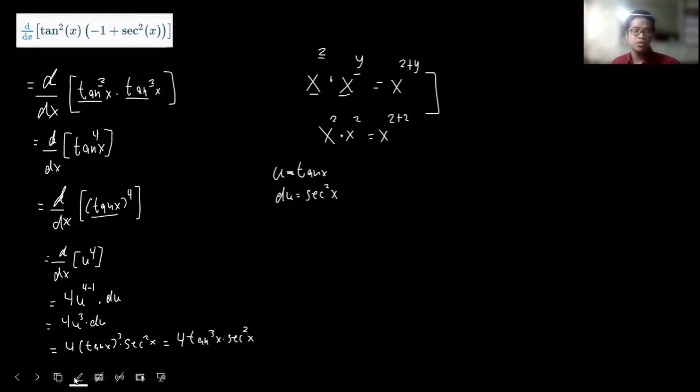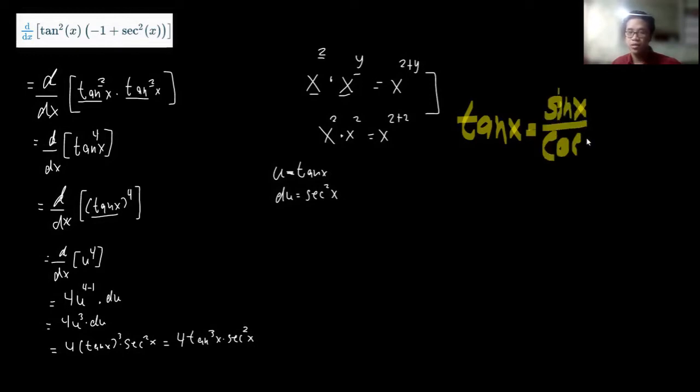So let's have a recall. We have tangent x as an example, and if you recall trigonometric identities, tangent x is equal to sine x over cosine x. Your secant is equal to 1 over cosine x.